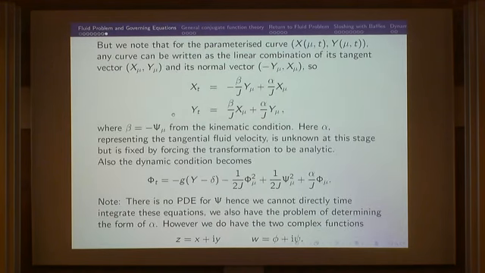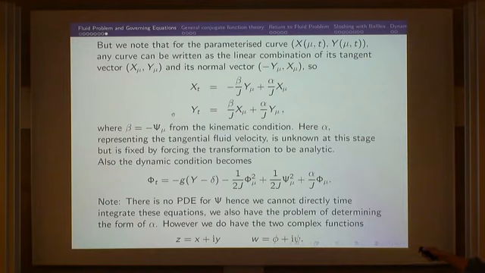But what we note is that any point in space can be written as a linear combination of two vectors, as long as they're perpendicular. So here are two perpendicular vectors, dx/dmu, dy/dmu, and its normal vector, minus dy/dmu, dx/dmu. We can write any point in space as a linear combination of these two vectors.